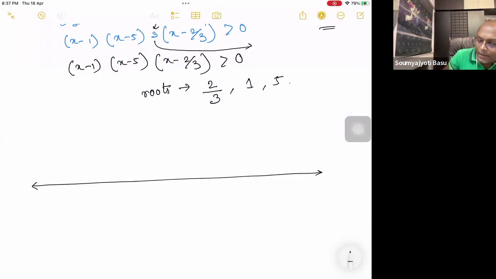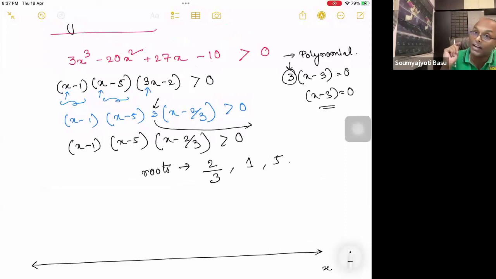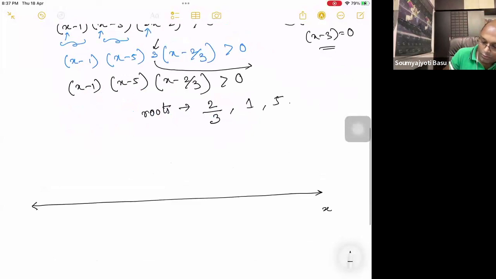You can compare this number line as the x-axis of the graph of the polynomial function. So 2 by 3, let's say, is over here. 1 is over here. 5 is somewhere over here.